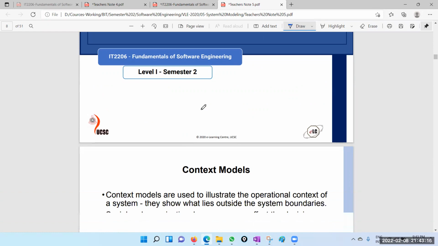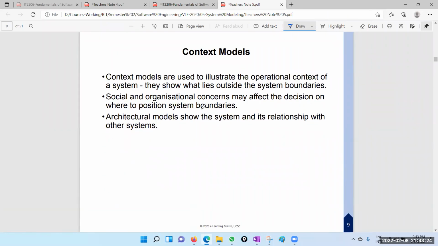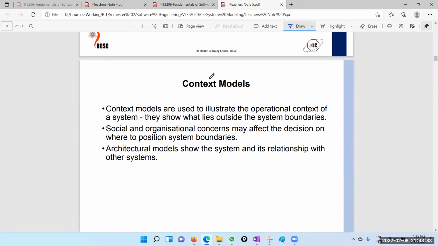The first one is the context model. Context models are used to give you the big picture and how you look at it from different perspectives. Those are the big picture, overall overview diagrams.